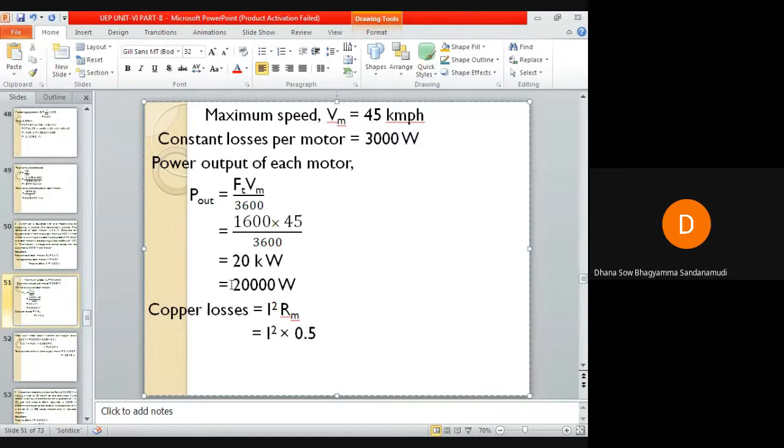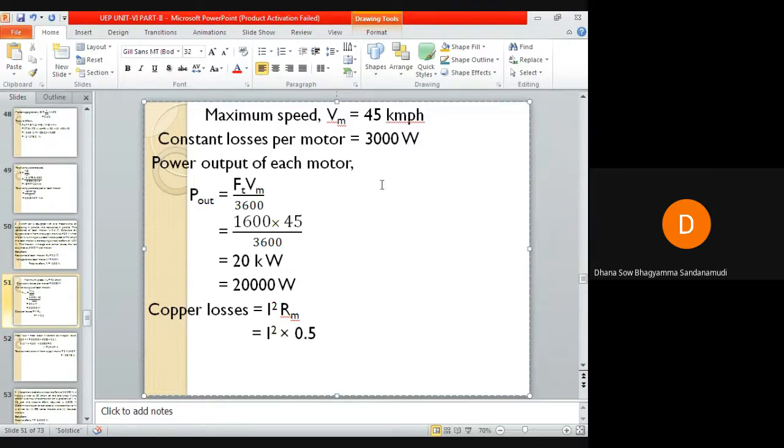If I know the output and the total losses of a machine, I can determine the unknown terms. You already know input is equal to output plus losses. So if I know the output and losses, I can determine the input. If I know the input and losses, I can determine the output. Either way, if you know two terms, you can determine the third. But here we don't know the copper losses.